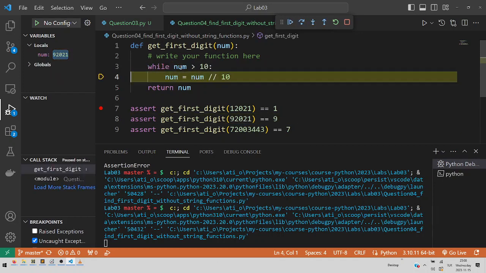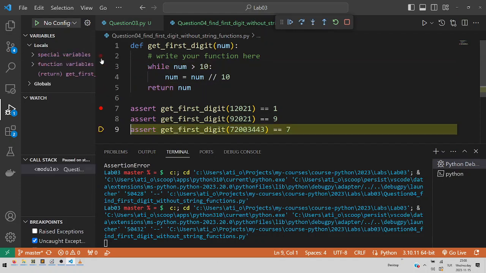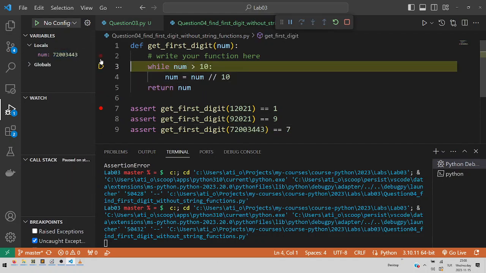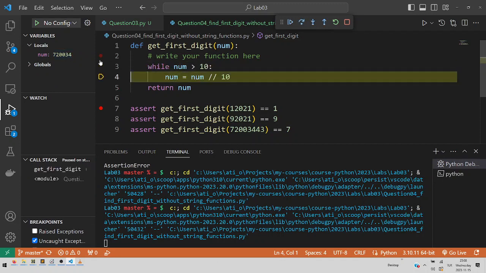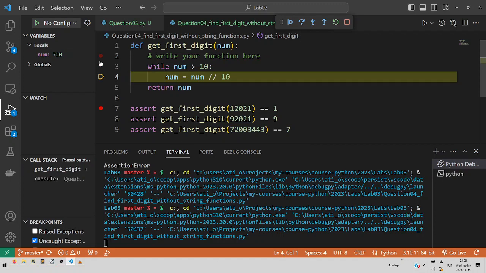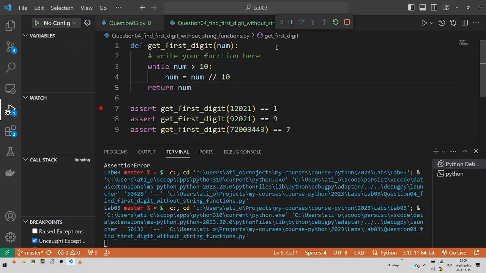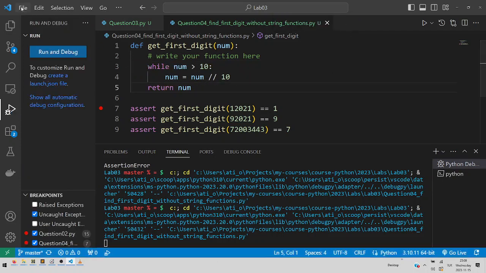Looking at the next one, again it is the same. We are dividing by 10, and at last it is not greater than 10, we are returning that one. And here again we are getting rid of the last digit, 72 to 7, then 7 is not greater than 10, and we are returning this one. This is one of the solutions we can use.